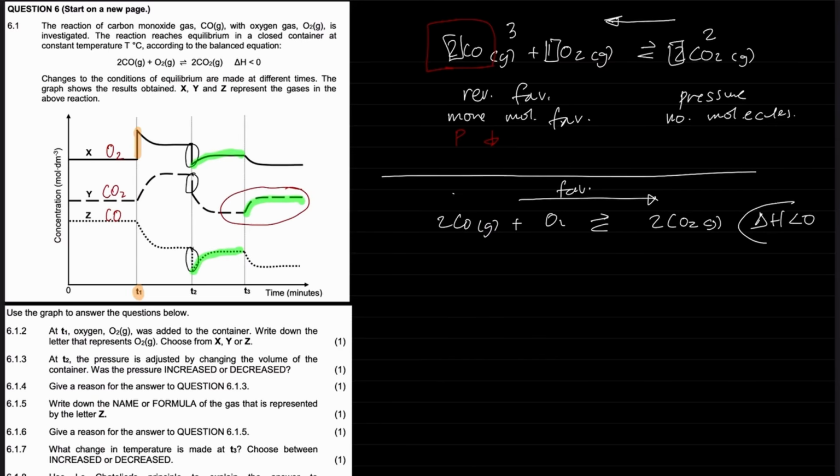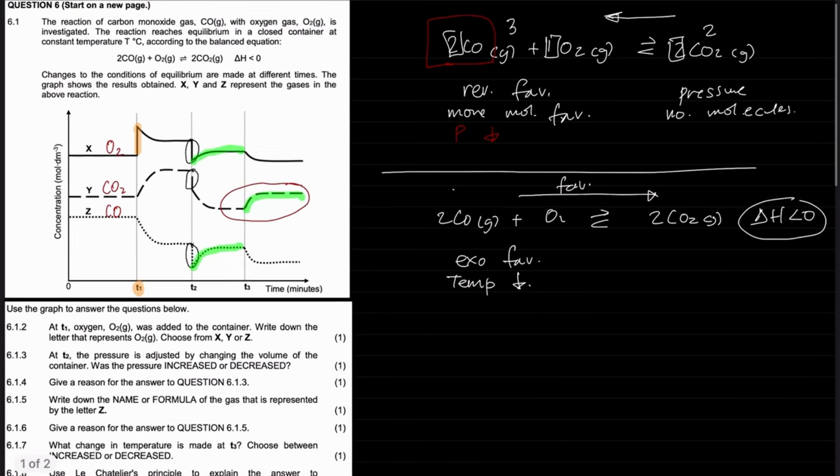And the forward reaction is exothermic. And the only time an exothermic reaction will be favored is if the temperature is decreased. Right? If the temperature is decreased, then the exothermic reaction will be favored. So the answer here, since the exothermic reaction is favored, it means that the temperature must have decreased.